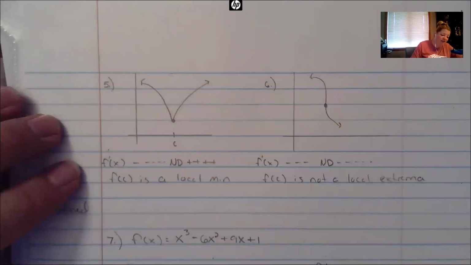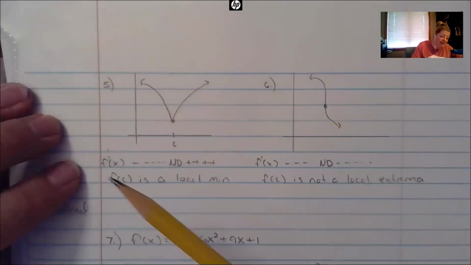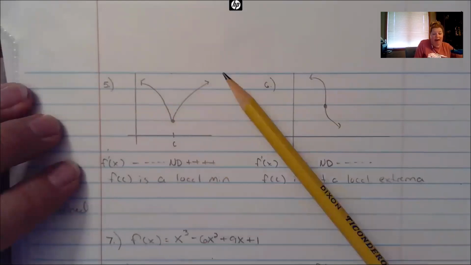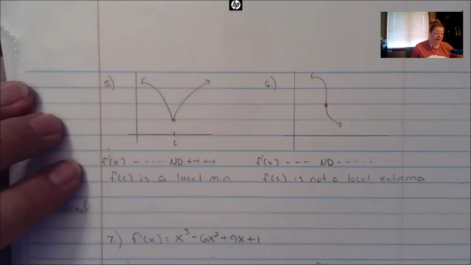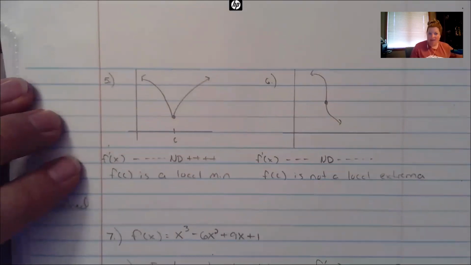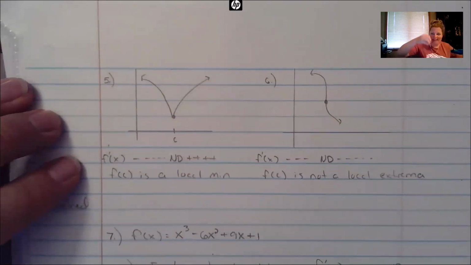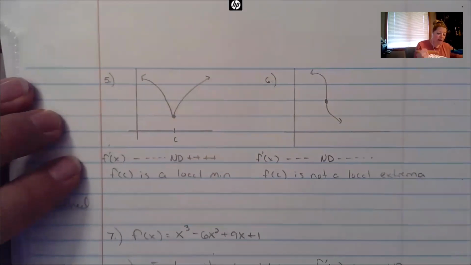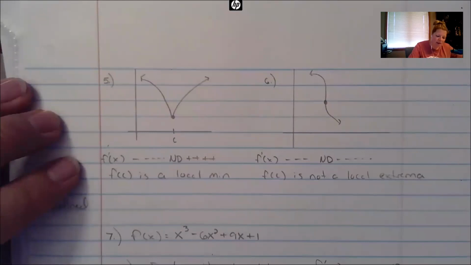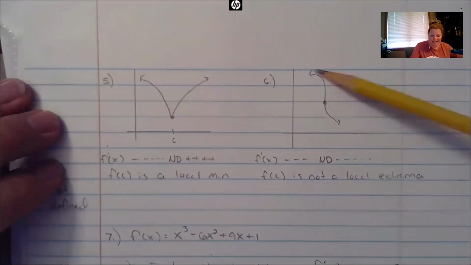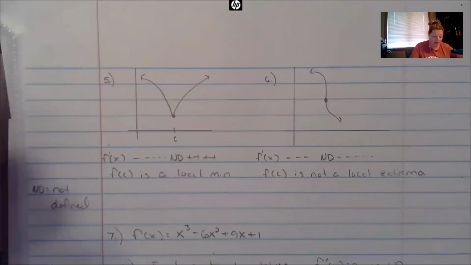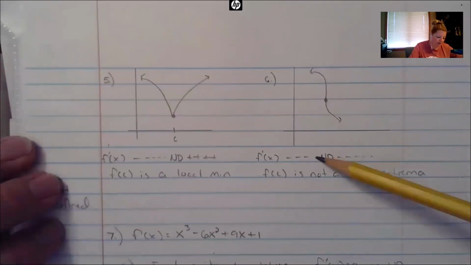So it's undefined, but we're basically going decreasing and then increasing, so that partition number is still going to give me a local minimum, but there's just not a derivative at that actual spot. Okay? But again, it still changed directions from there. And we could have a hole in our graph, another not defined, but it stays decreasing on this one. So they're all negative for the derivative.